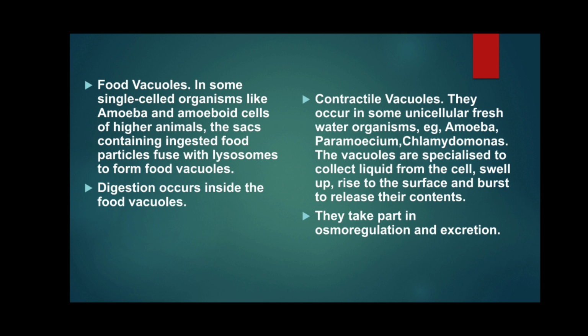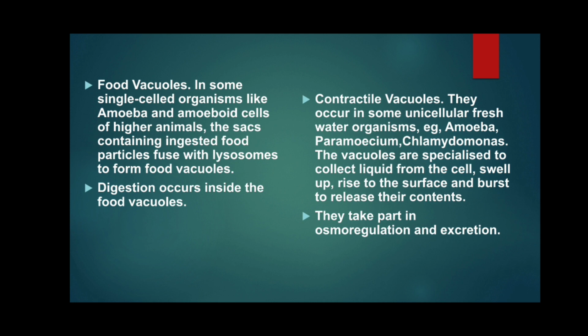etc. Contractile vacuole. These are the vacuoles which are found in fresh water organisms such as amoeba, paramecium, chlamydomonas. So amoeba and paramecium are protozoans, whereas chlamydomonas is a unicellular alga.